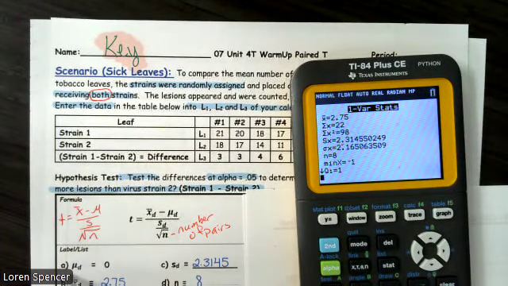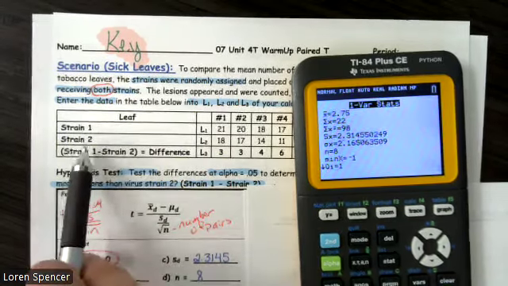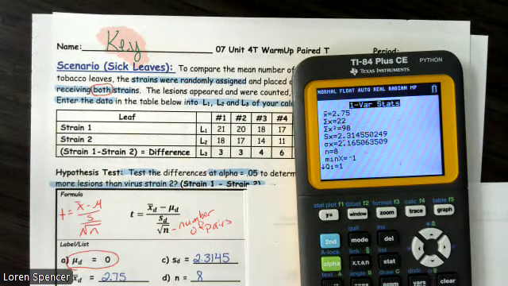What's going to be interesting or difficult for us to maybe wrap our head around is that mu d is equal to 0. In other words, we're assuming that there is no difference, that strain 1 and strain 2 have the same effect. And by the way, for our level of statistics, for Statistics 1, this will always be 0 when we're working with paired data.